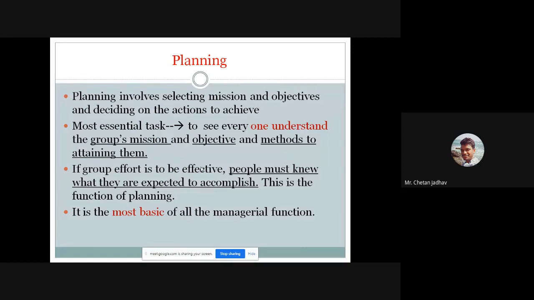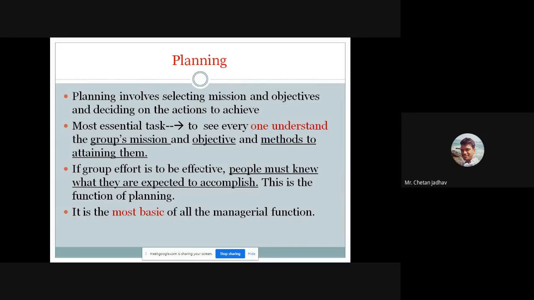So this is the function of indirect planning. We are doing direct planning through the organization owner or manager, and we complete that planning, achieving the planning goal indirectly through each and every employee. It is the most basic of all the manager functions. Planning is the most basic concept for every manager level. You can take the example of any organization.